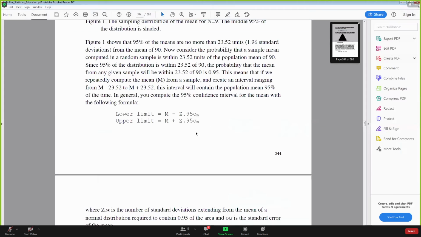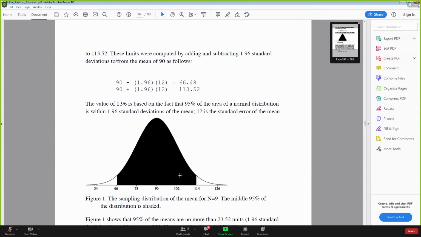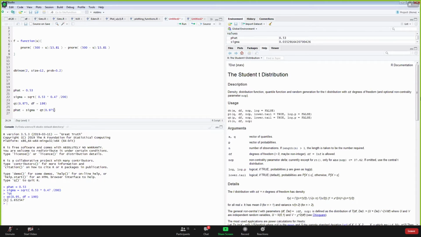So this shaded area is 95%. However, it means that to each side you have an equal amount, 5 divided by 2, so 2.5% to each side. So you have 2.5% of the mass here and 2.5% of the mass here, and the shaded area is 95%. To the left of this number you have 97.5% of the mass, and to the right you have 2.5%. This is why you take here 0.975, and this is going to be our estimate.